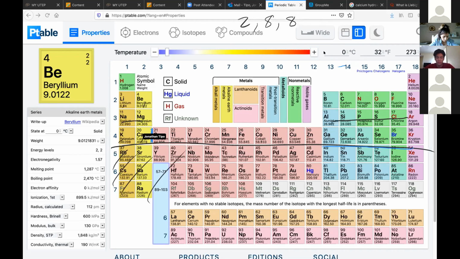Well, that's 1, 2. Skip, and then 3, 4, 5, 6, 7. So there's 7. But remember, we skipped all of these ones, and that's 10 of those. So we have to add 10 to the 3 block. Right? And you basically move this one up.